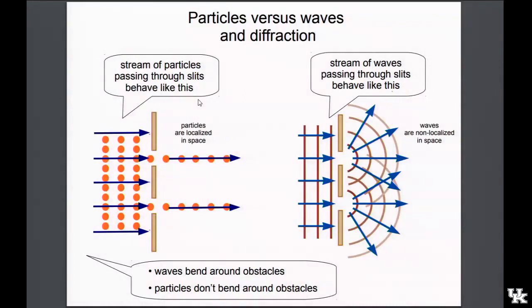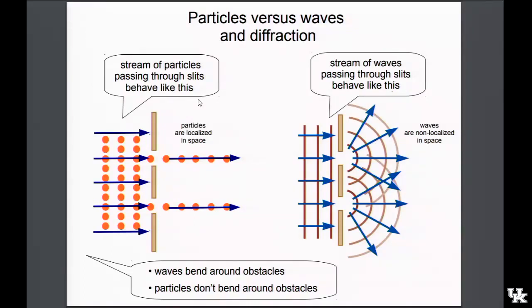Here's an illustration of the difference between particles and waves when it comes to diffraction. On the left here, imagine I've got a wall, and I've cut two holes, two slits in the wall.